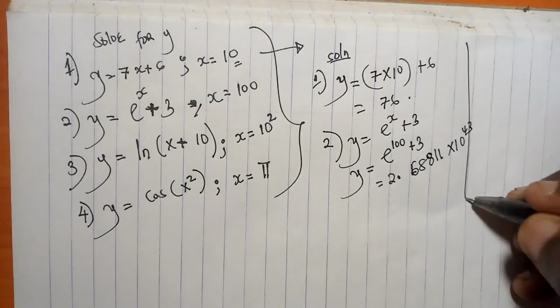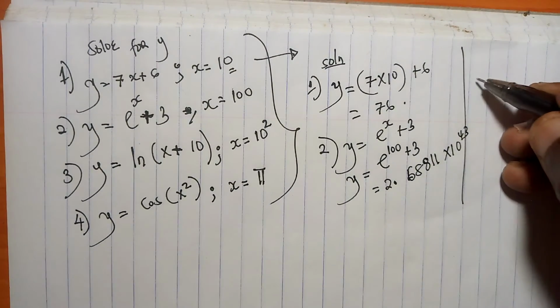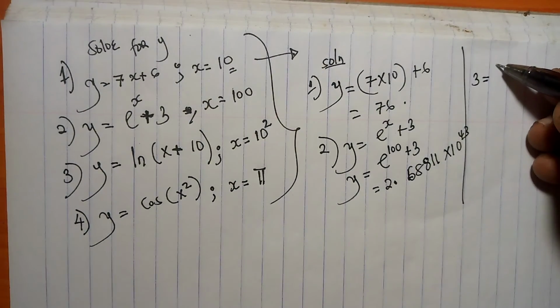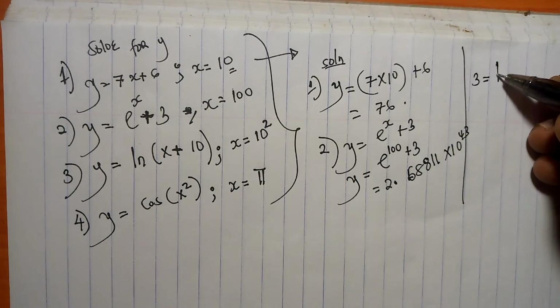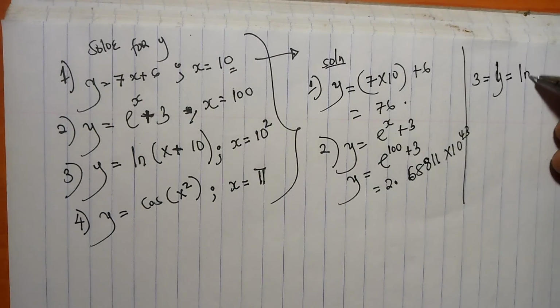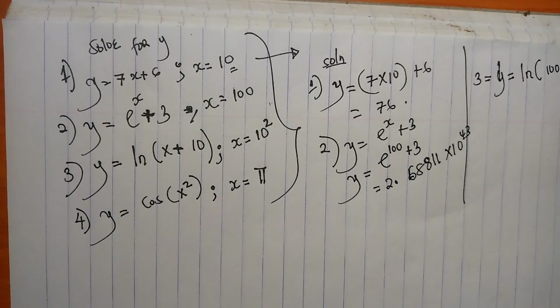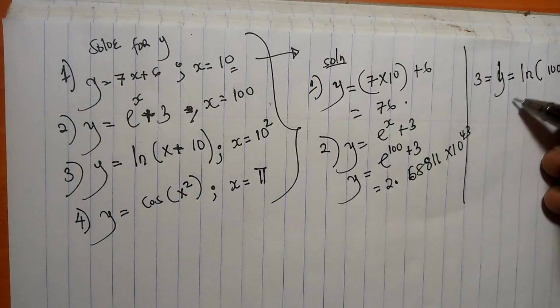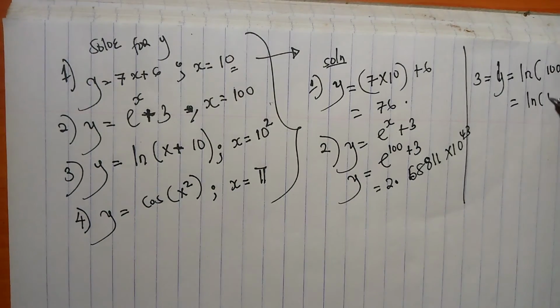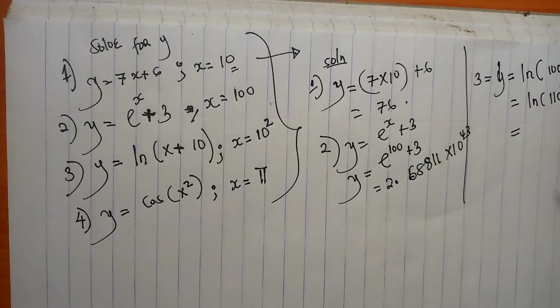Okay. Then you proceed to number 3. Again, just substitute. So you'll get y is equal to ln of 10 squared plus 10. 10 squared is 100, isn't it? So 100 plus 10. So you're going to get y is equal to ln 110, which is going to give you what?